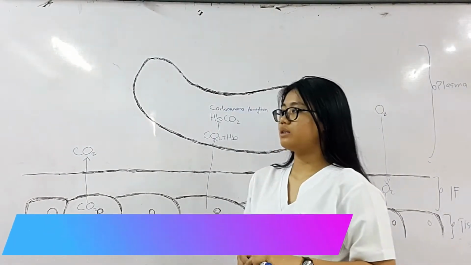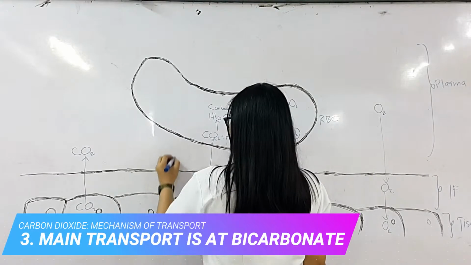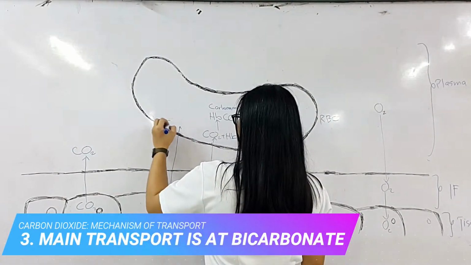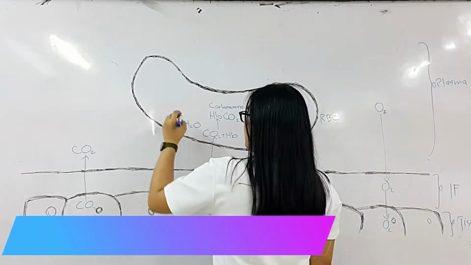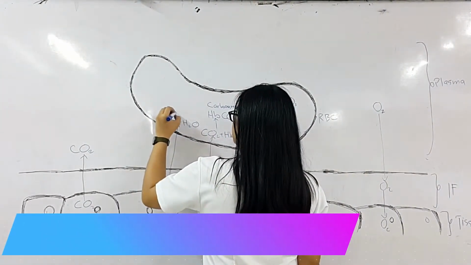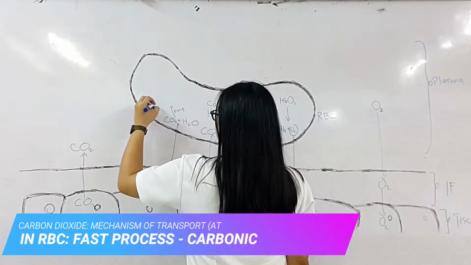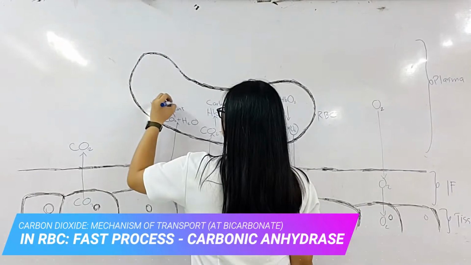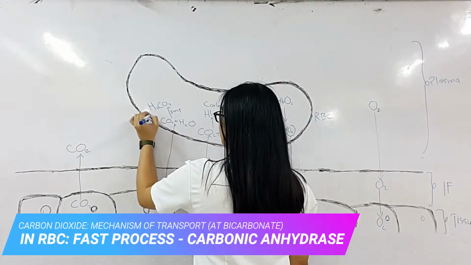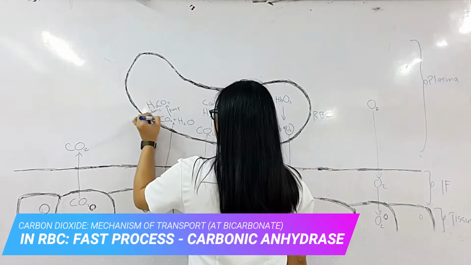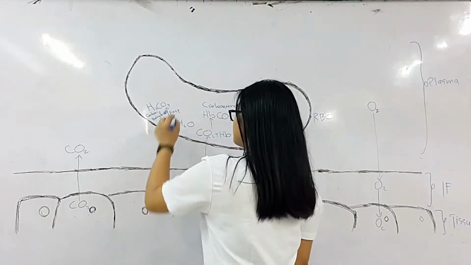Next, most of the carbon dioxide is transported through the bicarbonate ions, wherein carbon dioxide reacts with water in the red blood cells, wherein in a fast process will create carbonic acid with the help of a membrane-bound enzyme called carbonic anhydrase that helps in speeding up the process of converting.